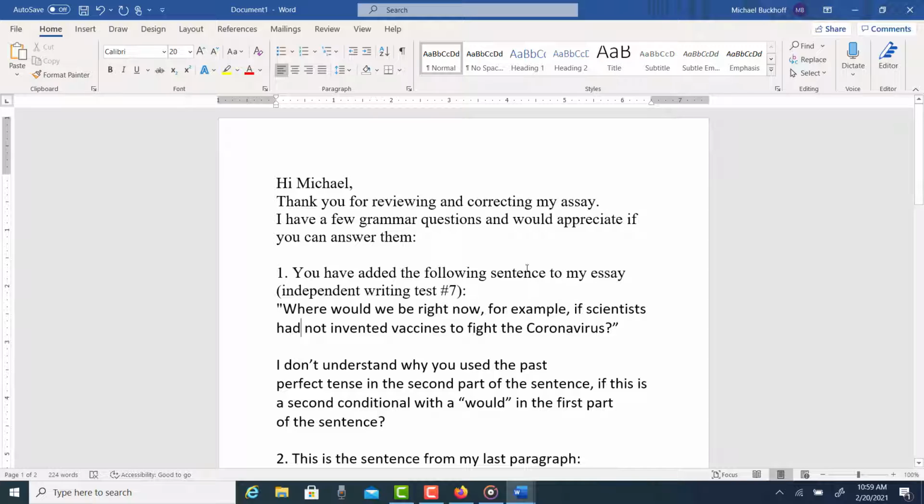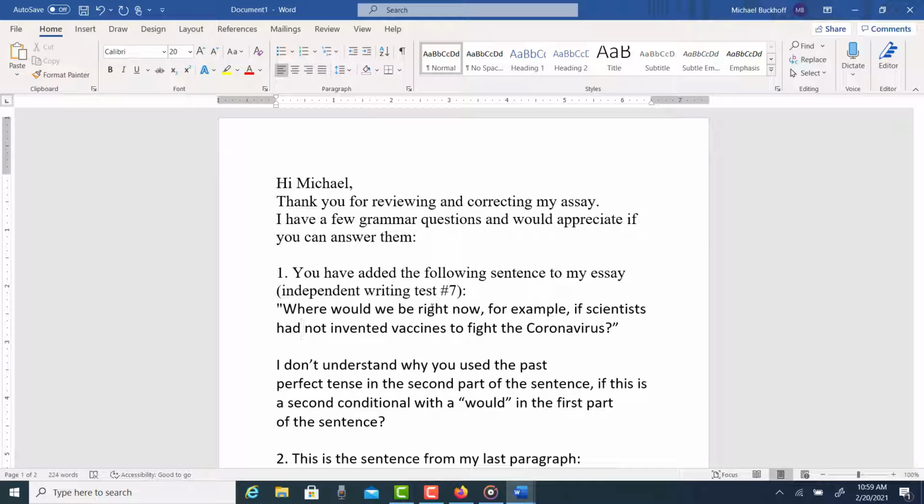So in this case, we have where would we be? We're talking about a present impossible situation, right? So right now, if the scientists had not invented, that means they did something before this moment of speaking. So I'm using the past perfect because it precedes another. You have to look at would as the past tense of will, right?